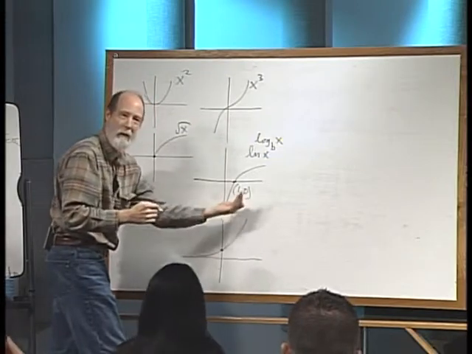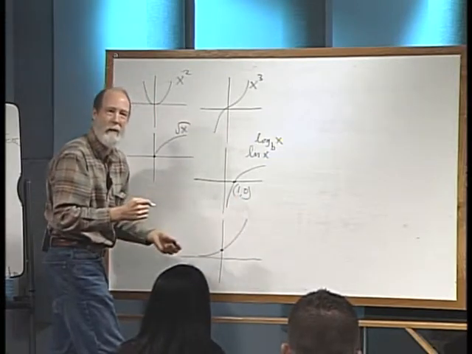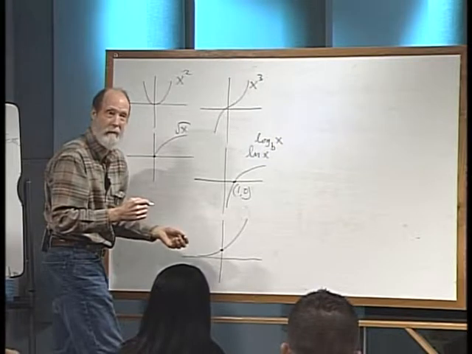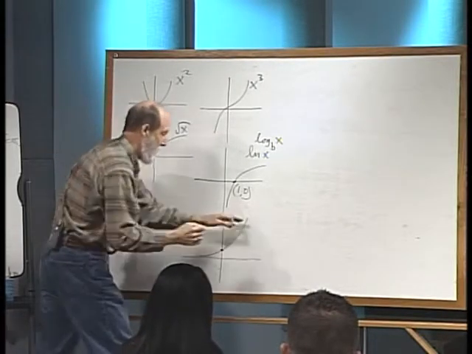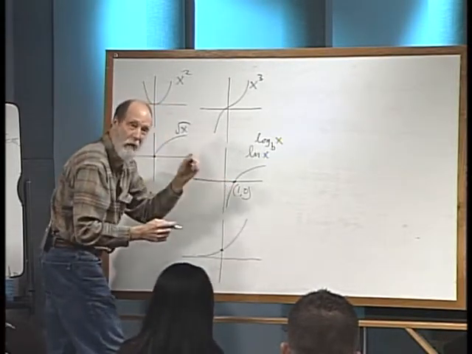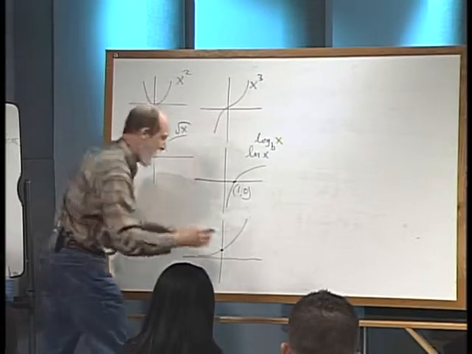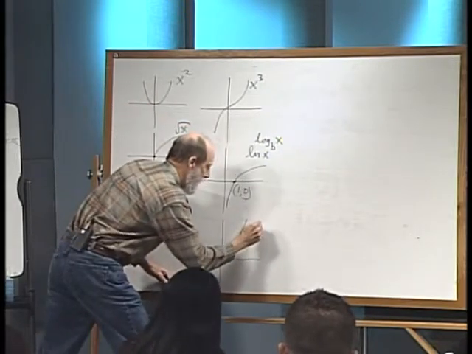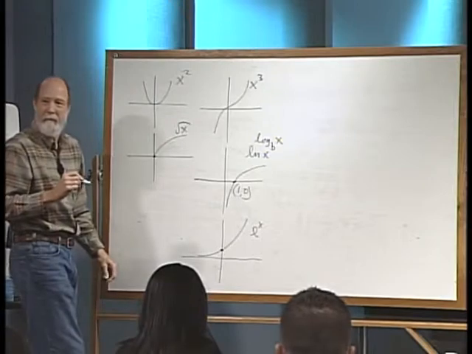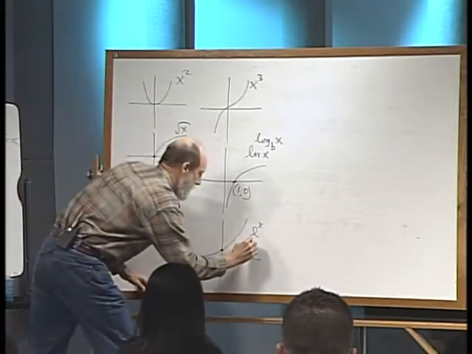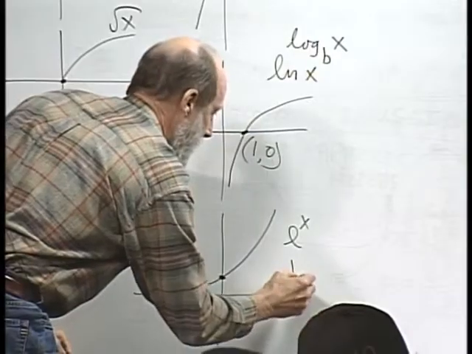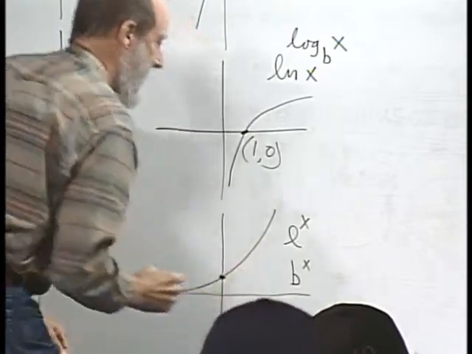It could be money growing over time. Right? It's got some base with an exponent that is variable. That's why it's called an exponential function. It might be something like e to the x, or, in general, some positive number for a base raised to some unknown power.